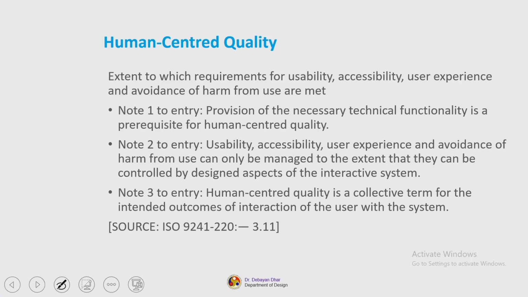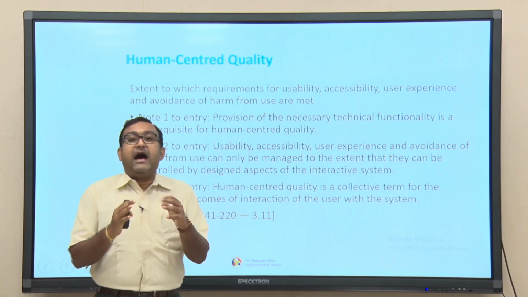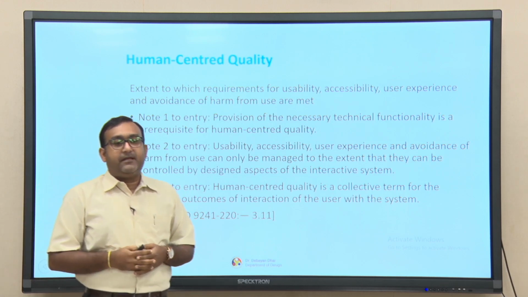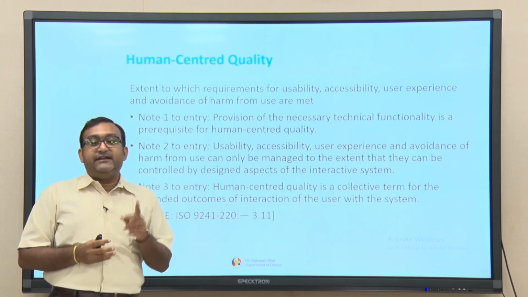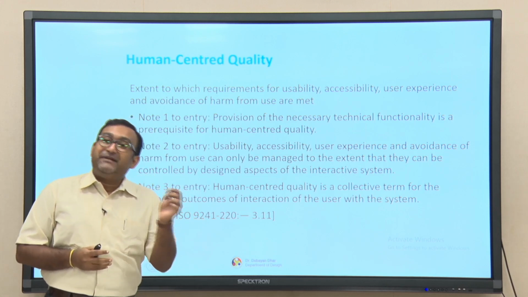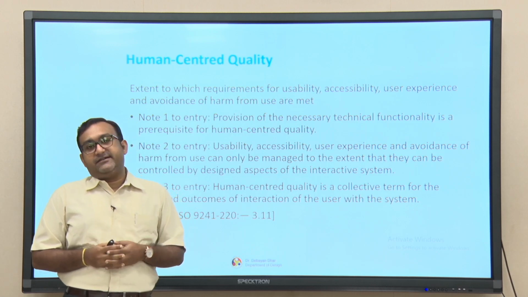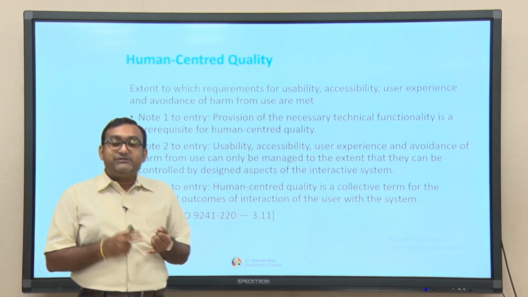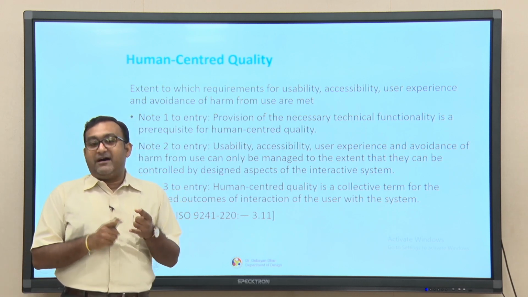Human-centered quality. Now, ISO defines human-centered quality as the extent to which requirements for usability, accessibility, user experience and avoidance of harm from use are met. That is how we define human-centered quality. Now, provision of the necessary technical functionality is a prerequisite for human-centered quality. Usability, accessibility, user experience and avoidance of harm.